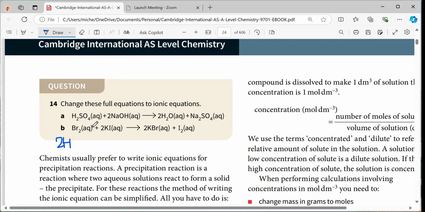And since hydrogen wants to become like the noble gas helium, which has two electrons, this is actually H plus.